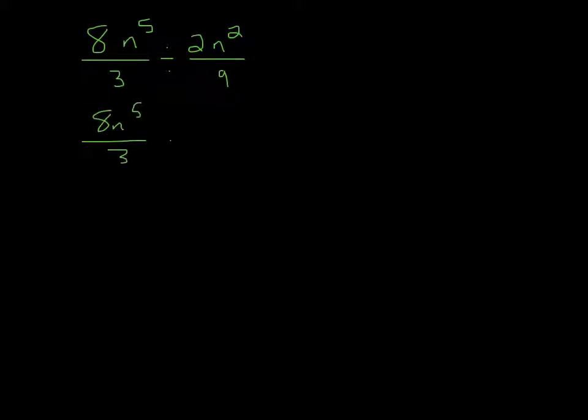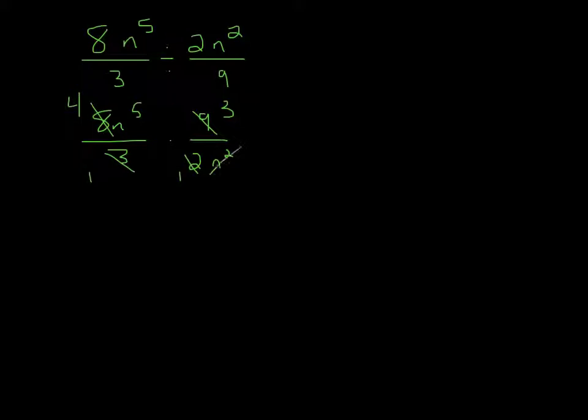The next problem they give us: 8n to the 5th over 3 divided by 2n squared over 9. First step, copy dot flip. 8n to the 5th over 3 times 9 over 2n squared. The 3 and the 9 cancel to 1 and 3. The 2 and the 8 cancel to 4 and 1.